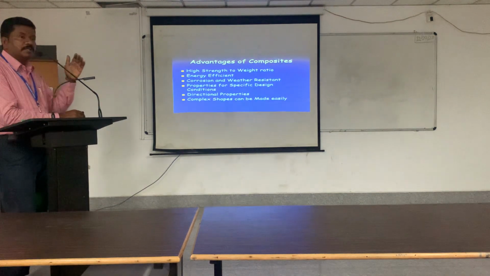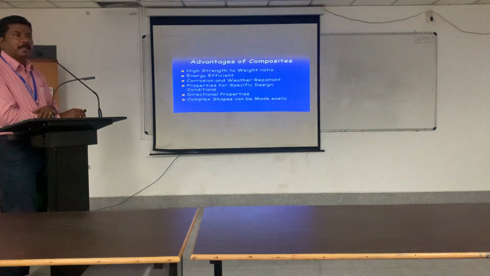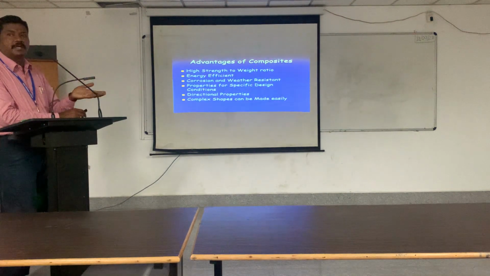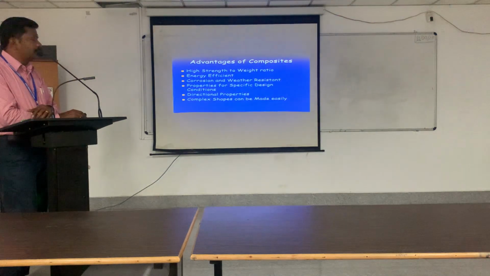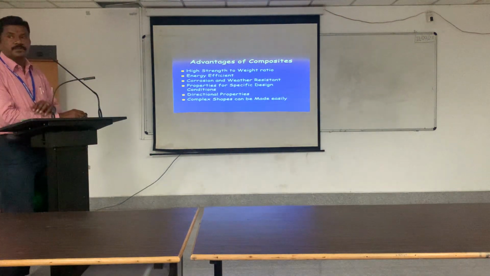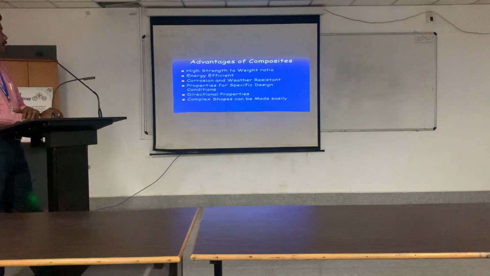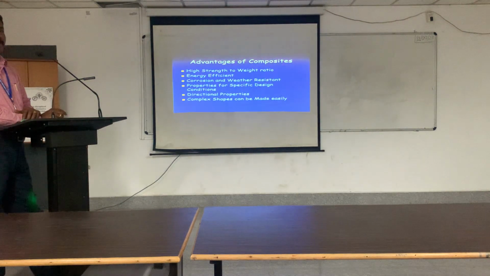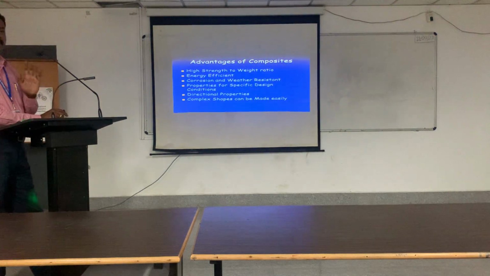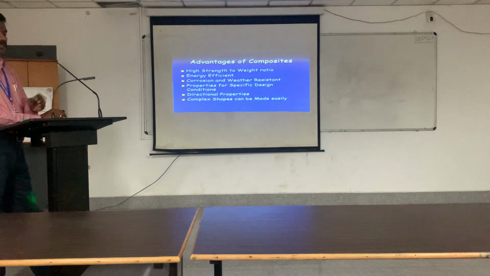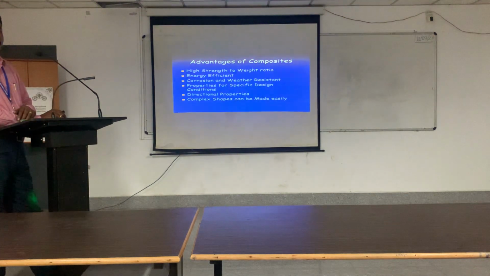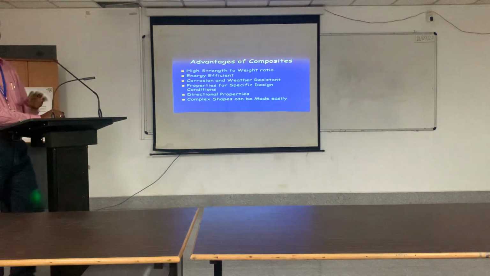So by listing out the functions and uses of matrix and reinforcement, now we can see what the advantages of composites are. The composites will have a high strength to weight ratio. So it is very, very important. If you are asked in an interview what the advantage of composites is, generally they will say that composites are used for high strength. That is not correct.